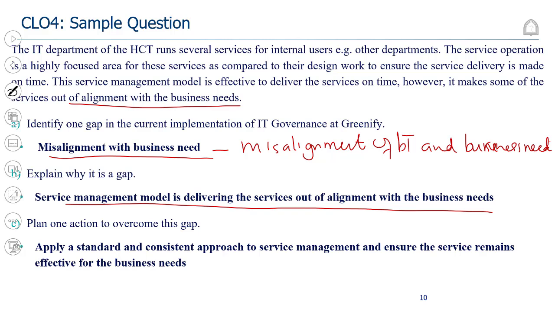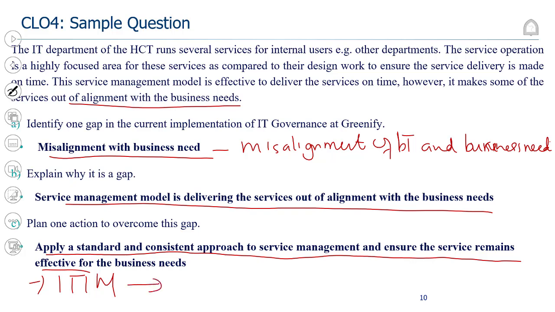Action plan, for example: you can apply a standard and consistent approach to service management and ensure that the services remain effective for business needs. Another thing you can do is implement ITIL, to ensure IT is aligned with the business.